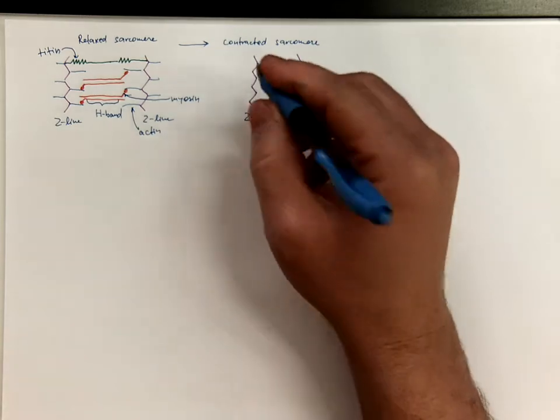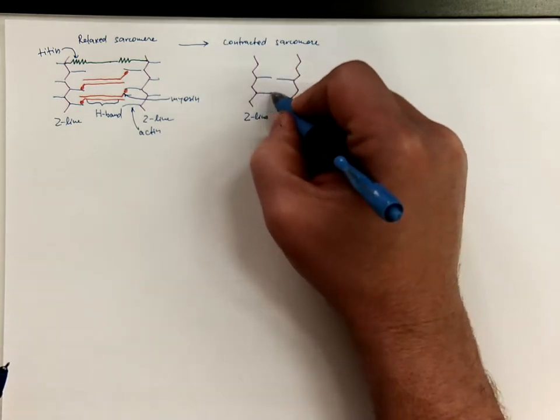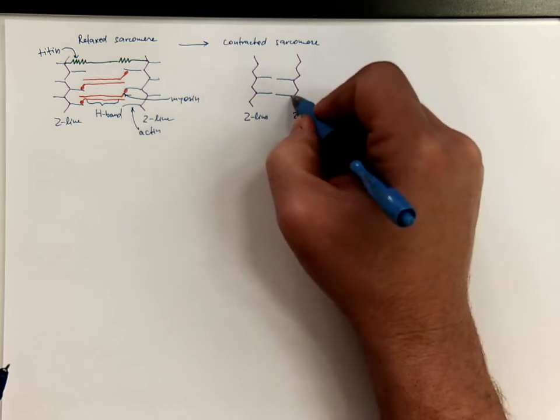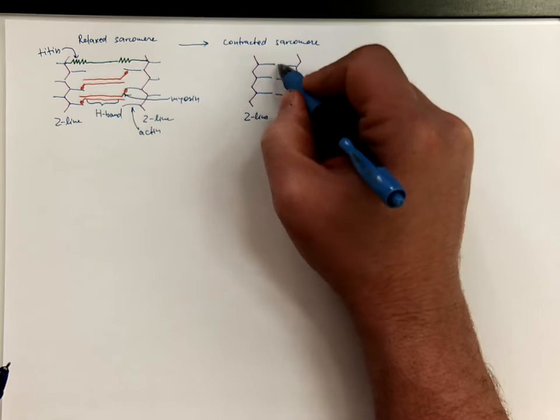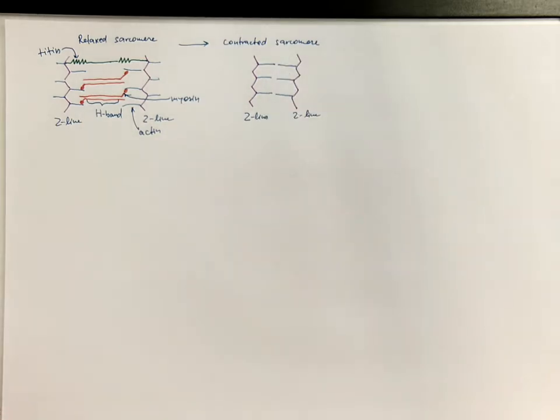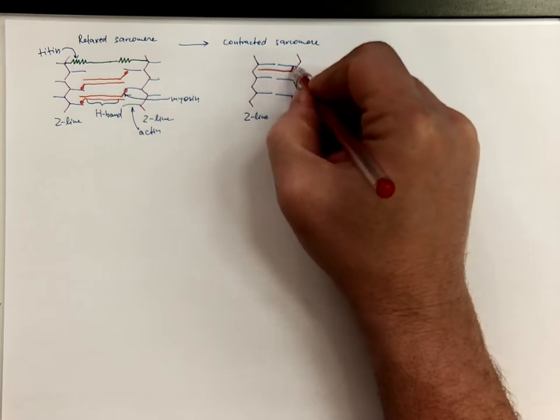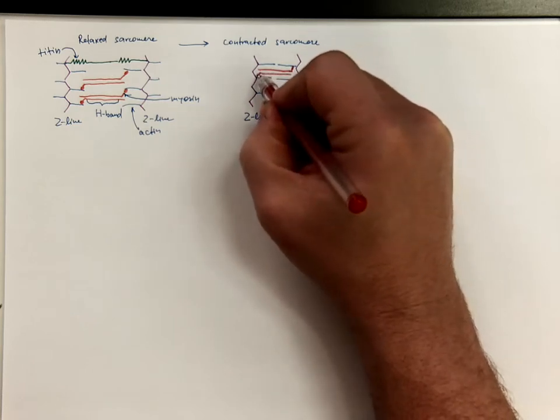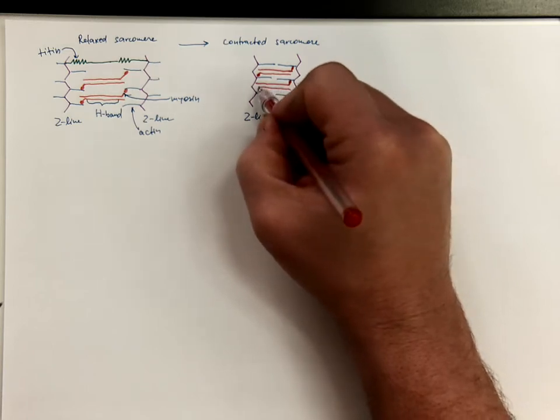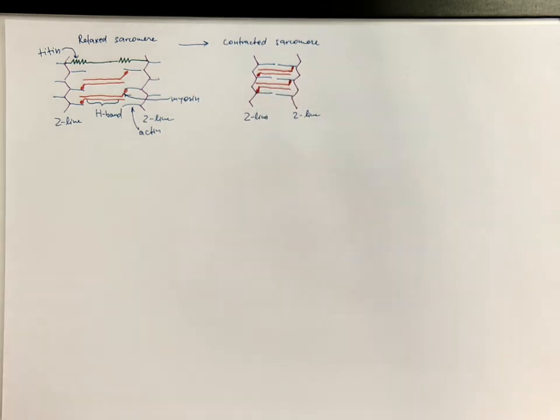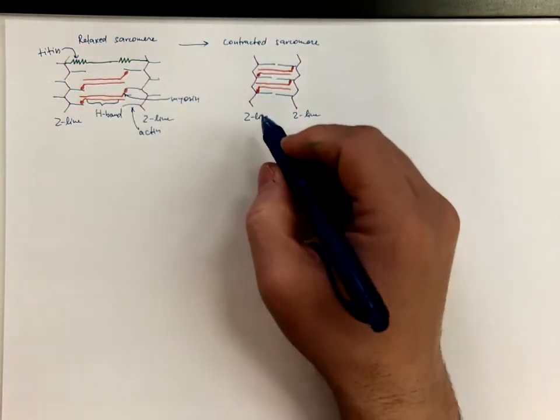However, it has its limits, because the sarcomere cannot become shorter, because no overlap between the actins is possible. Also, the myosin will reach the extreme position here, sliding along the actin, so no further shortening of the sarcomere is possible.